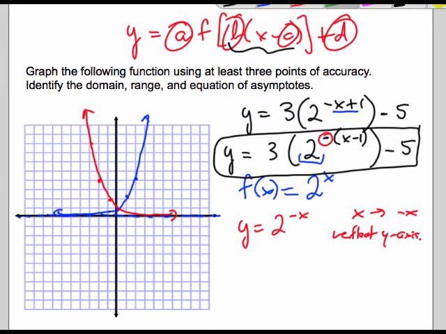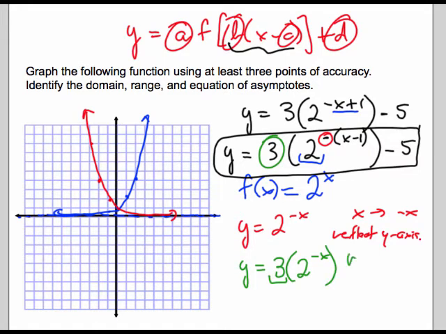Moving along to the next step, I'm going to deal with the 3. Remember, we deal with the multiplying numbers to the x and the y first. 3 times 2 to the negative x. And the 3 out in front can be thought of as a vertical stretch by a factor of 3. Remember, some people like to think of the 3 as being over with the y, which it really is.